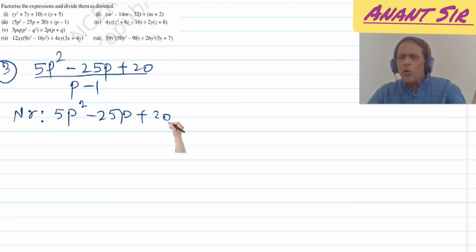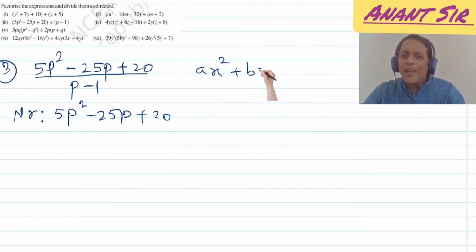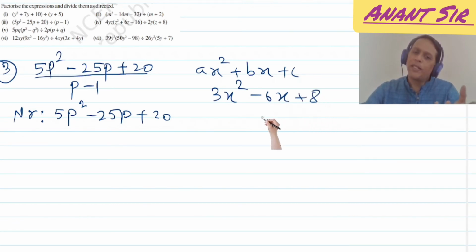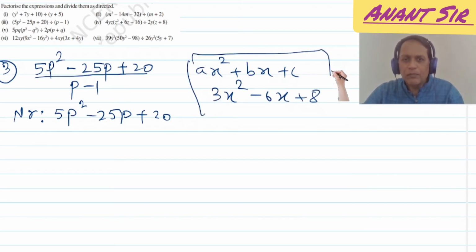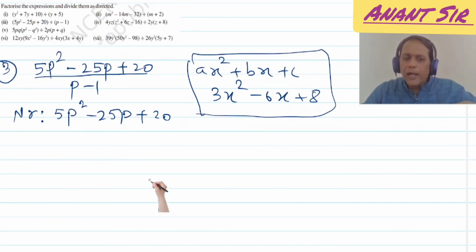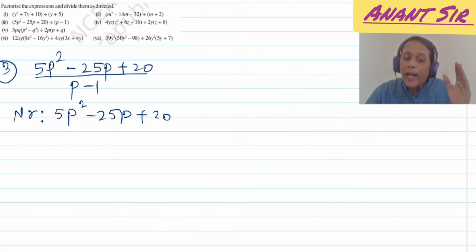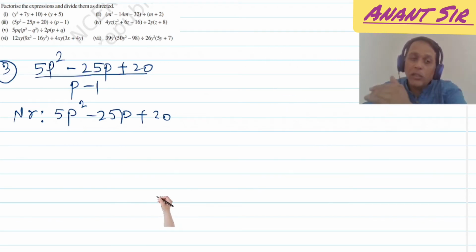Now, this is also a quadratic equation. We know the standard form of a quadratic equation, ax square plus bx plus c, that is, it can be of this form, 3x square minus 6x plus 8, standard form, right? So now we can start directly solving the question. But it will be easier for us if we can take something common from all three terms here.